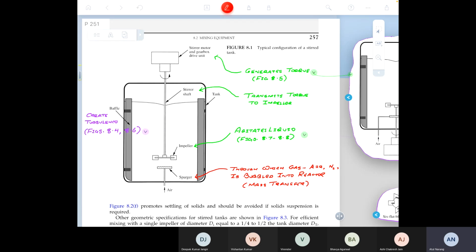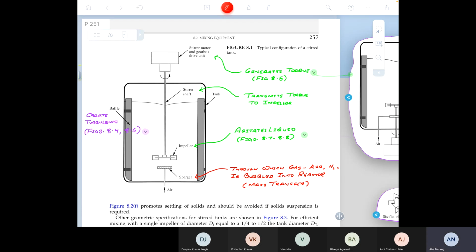At the bottom of the reactor, you have what is called a sparger, which is any kind of device through which the air enters the reactor. It can be as simple as a pipe with a single hole, or it can be an entire ring with multiple holes, a ring of holes, so to speak, that makes some attempt to disperse the air into the liquid.